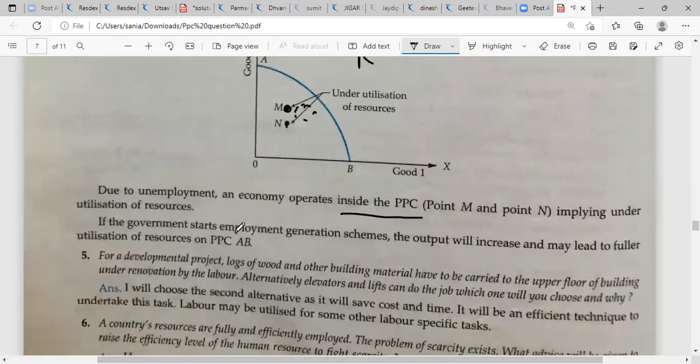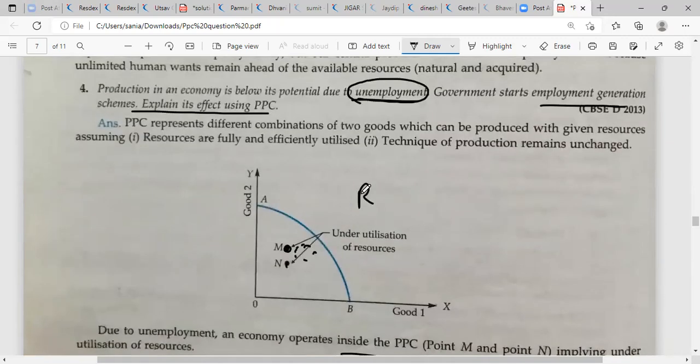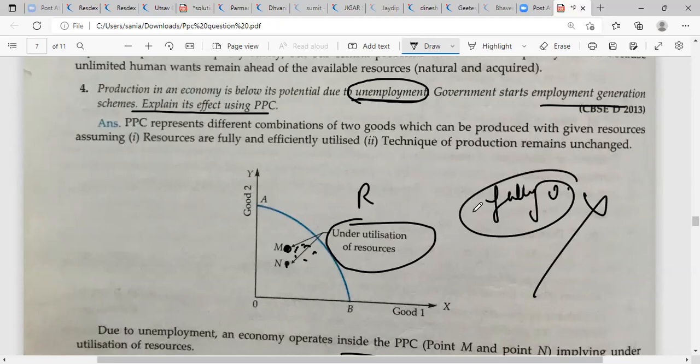Because of that underutilization of resources, if the government starts an employment generation scheme, the output will increase and may lead to fuller utilization of resources on the PPC. But there will be no rightward or leftward shift of the PPC, right? Right now the resources are underutilized. If the government generates schemes, your resources will be fully utilized, but there will be no shift in the PPC.